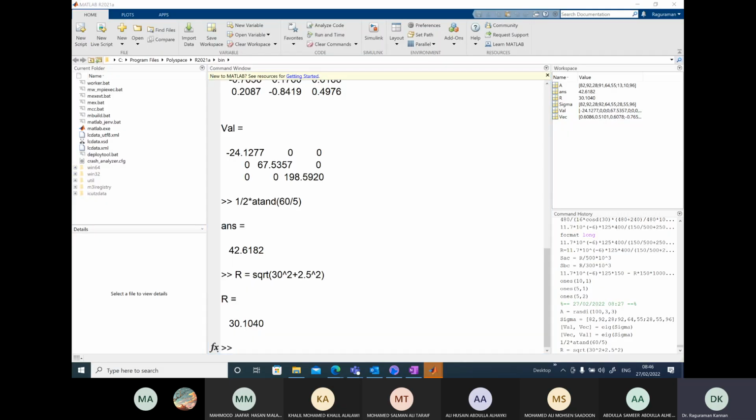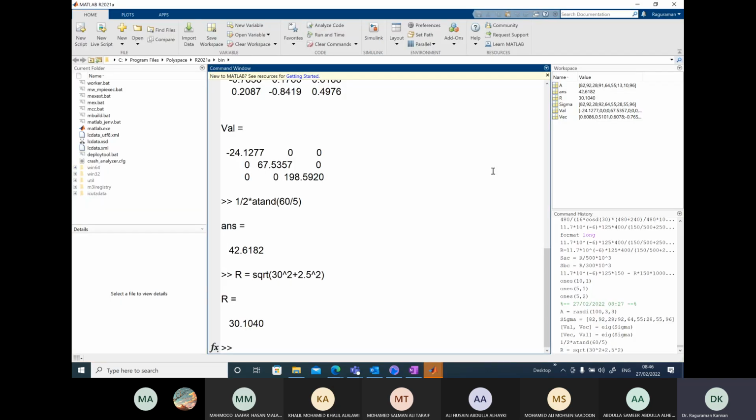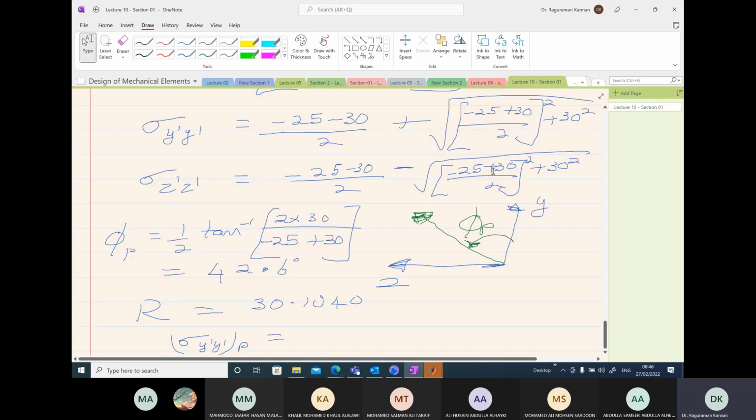We have, what is that? 30, 40, 55 over 2, negative 5 over 2 plus R value. We get 2.604.